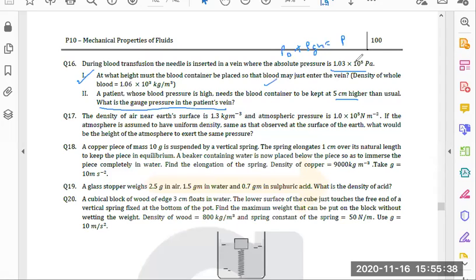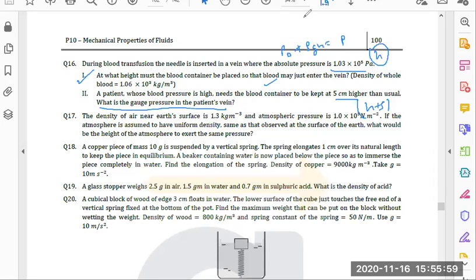So from here you can calculate the height now. Now, what will the new height be? The new height will be 5 more than this, right? So h plus 5 will be the new height. Okay, so you can calculate the gauge pressure now. Gauge pressure is just rho gh. Yes or no?